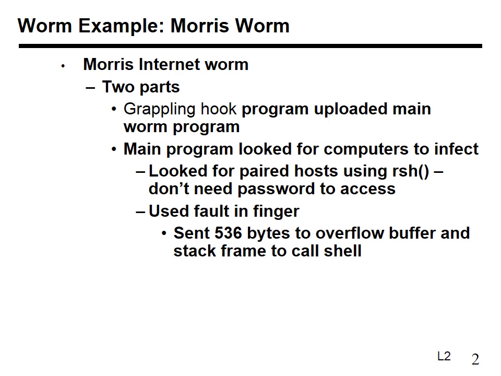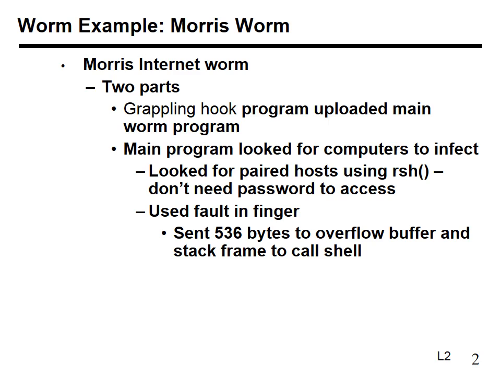It also used a fault in a utility called Finger. What Finger does is check to see whether or not another computer is online and whether it's functioning. So basically, they use the Finger utility, the Finger program, to ask for information, but they actually included a little payload of 536 bytes that's meant to overflow the buffer and the stack frame and actually to call the shell.